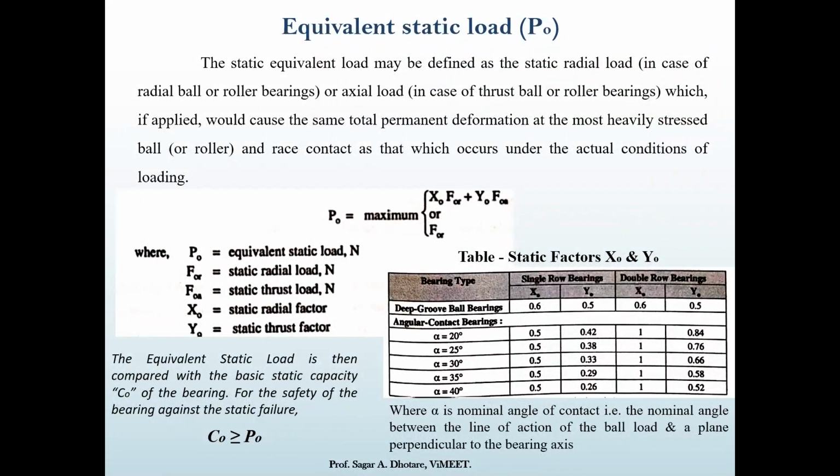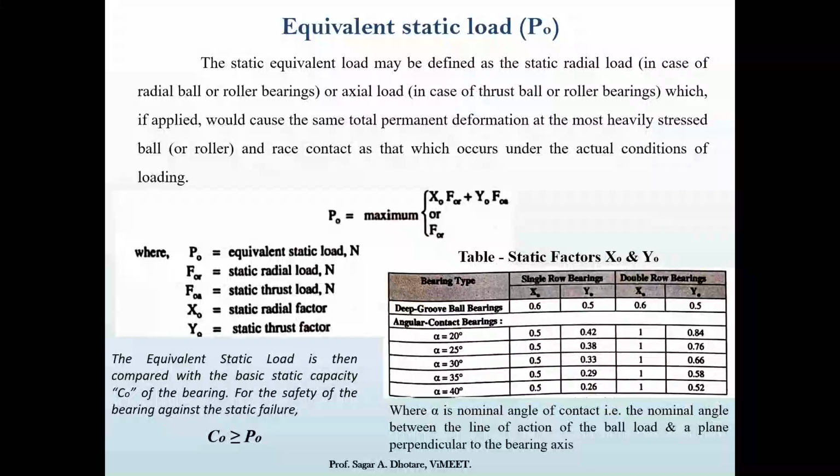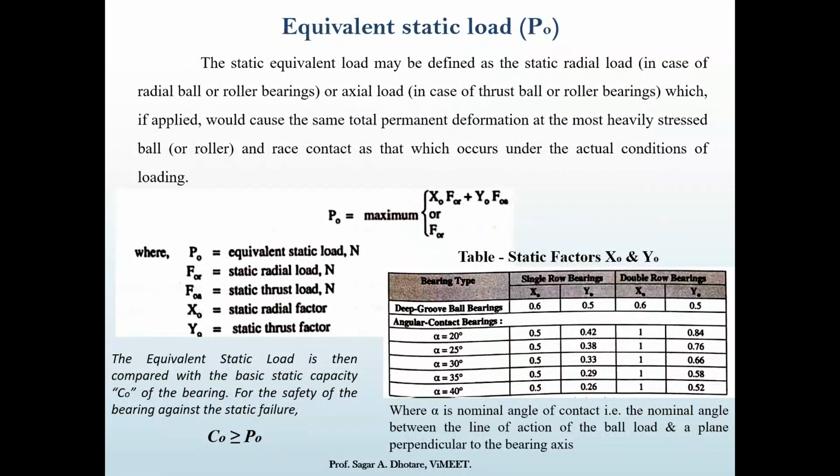So because of that, if the other type of load is provided over there, it could not be considered. That's why we are considering static equivalent load, which gives a combination, or you can say load equivalent to both.